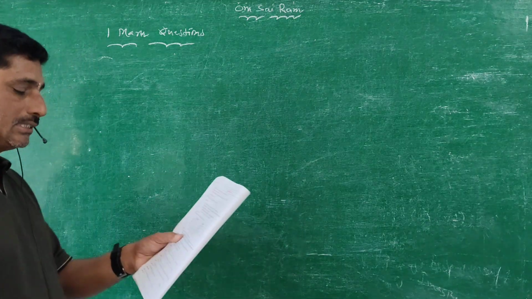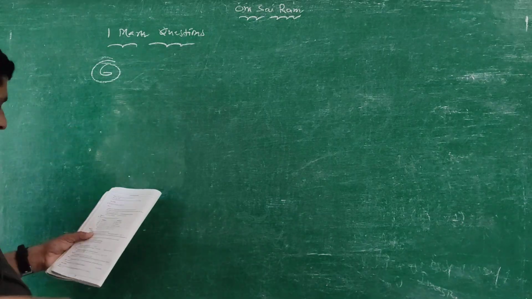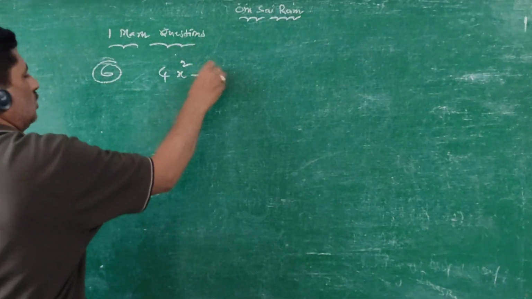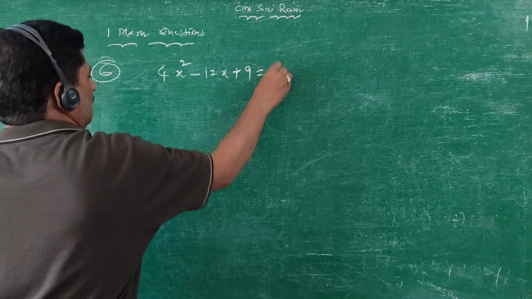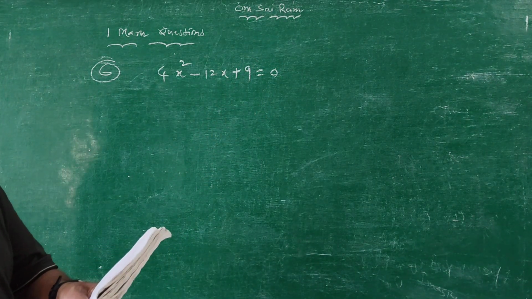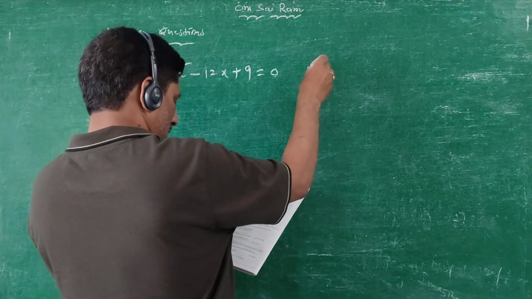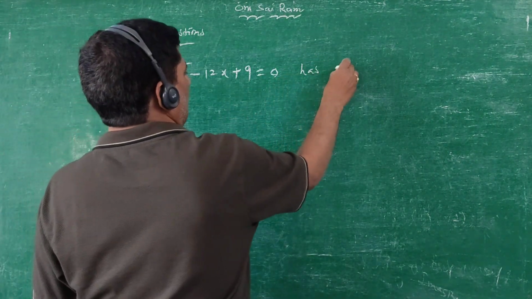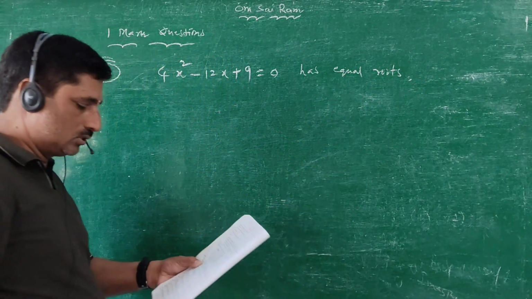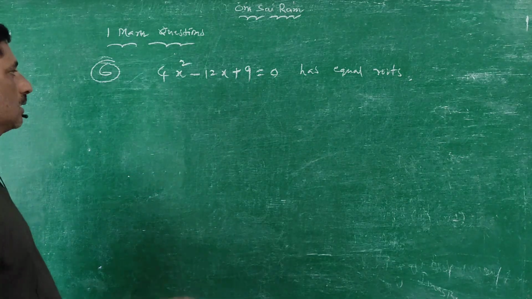The first assertion given is 4x square minus 12x plus 9 equals 0 has equal real roots. So now we have to verify whether it is true or false.